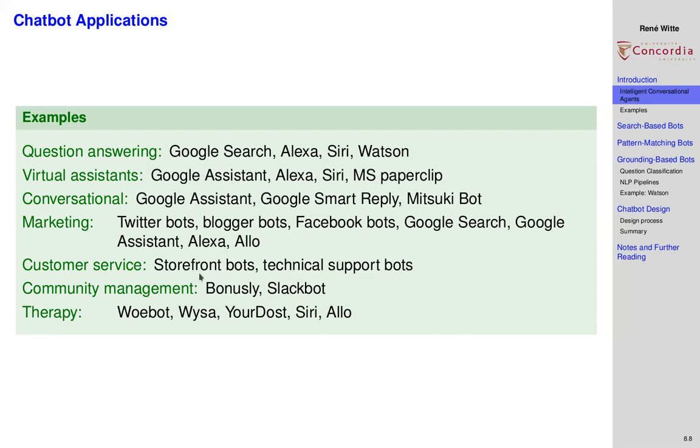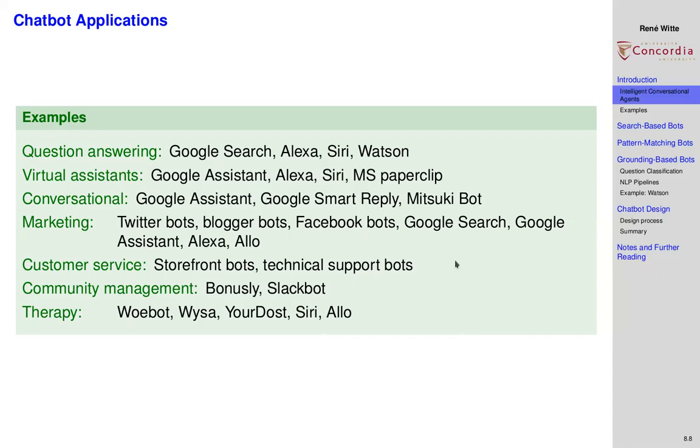A big commercial category is customer service bots, because they work for you 24 hours a day. They can be the first line to talk to a customer about technical service issues, or answer questions about products in an e-commerce storefront. Nowadays, you see these coming up more and more on all kinds of websites.